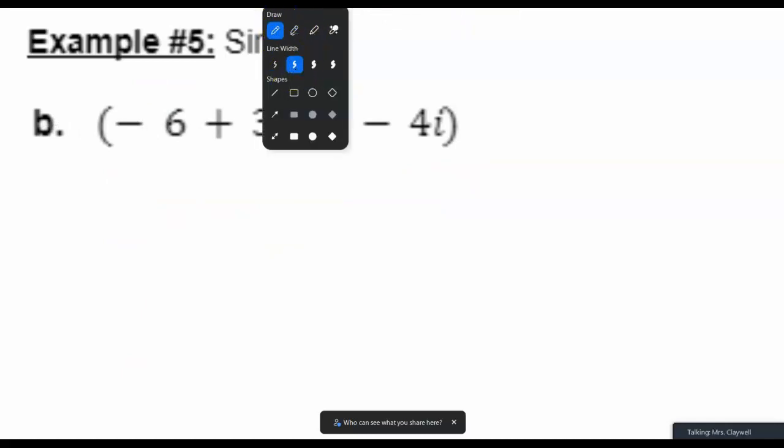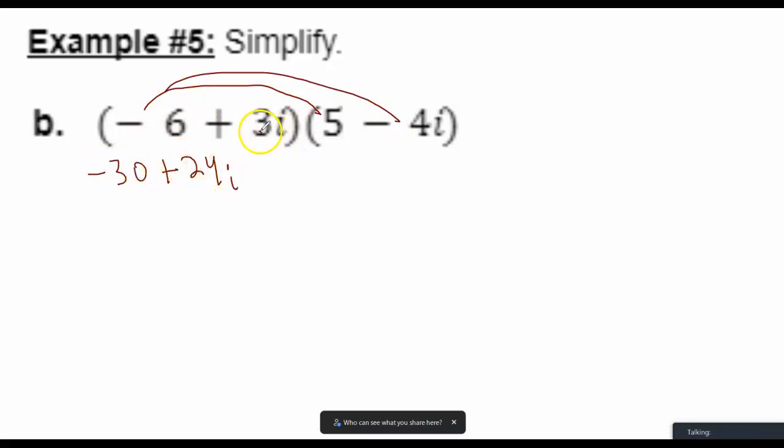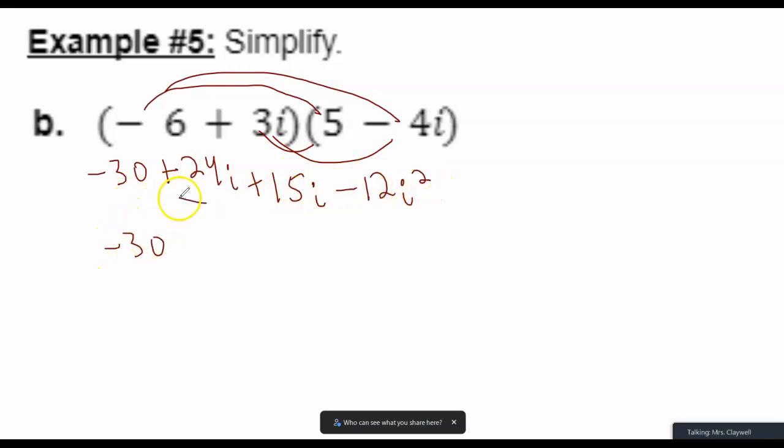You can use the box or double distribute. I'm going to double distribute. Off the bat, I see I can combine both of these.